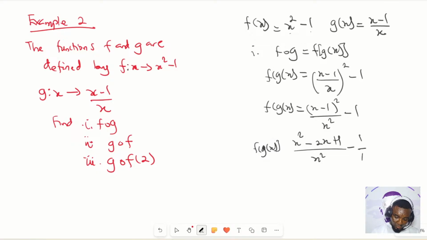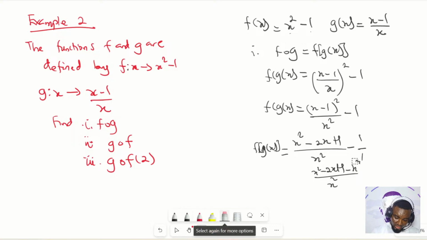So this implies that once we have this, we can write this by using LCM. LCM is x squared. So x squared goes into itself 1. So we have x squared minus 2x plus 1. And here, 1 will go here, x squared. So minus x squared. Let me clean it right well. So this minus x squared. Right, so that implies that our f of g of x can be written as x squared minus x squared will go away.